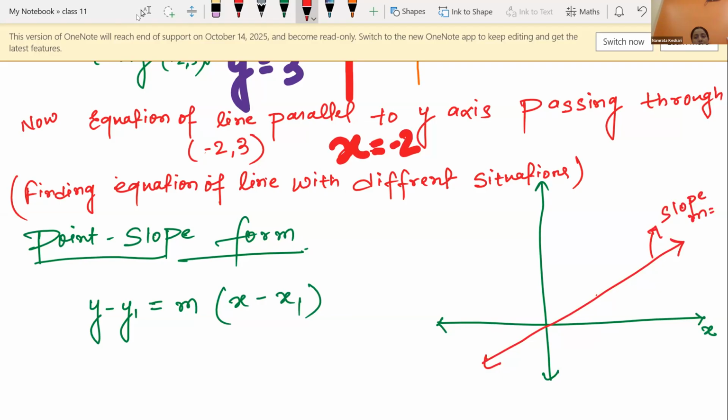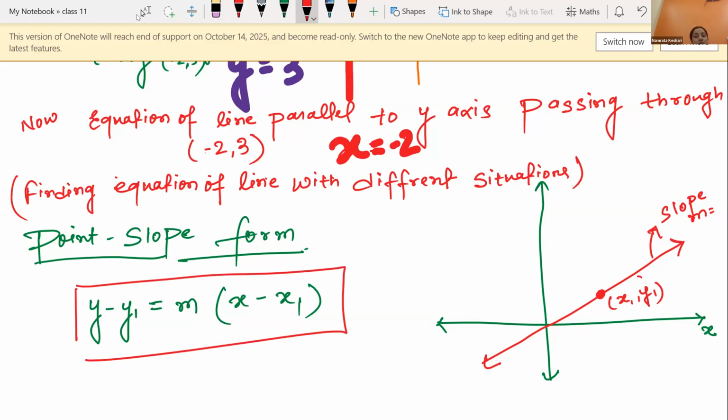Okay, and you are having a point also lying on this line, x1, y1. If a point and the slope are both given directly in the question, then you can use this formula to take out the equation of this line.